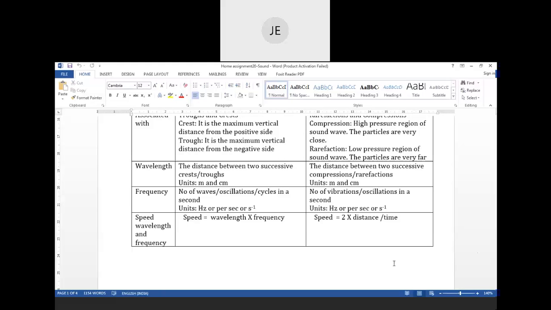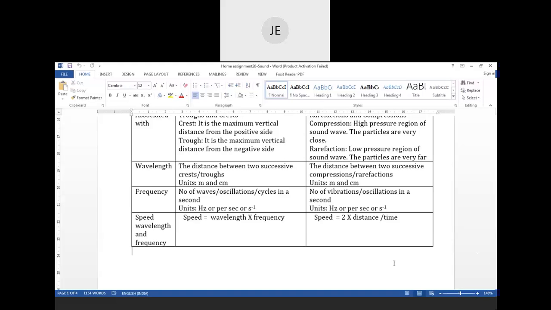In the case of sonar and echoes, the sound has to go some distance d and come back in the reflection of sound. Whenever the sound meets an obstacle in its path, it gets reflected back. Since it travels up journey d and down journey d, we take 2d by time. Speed is equal to 2 into distance by time.